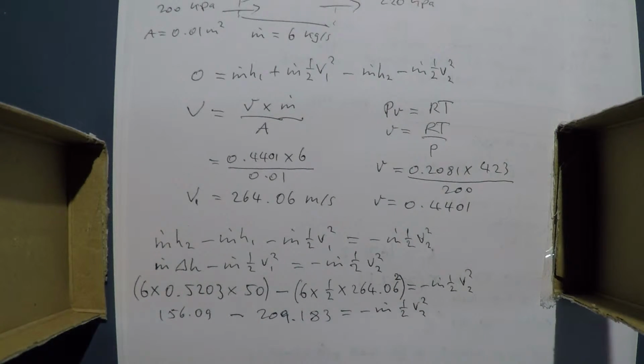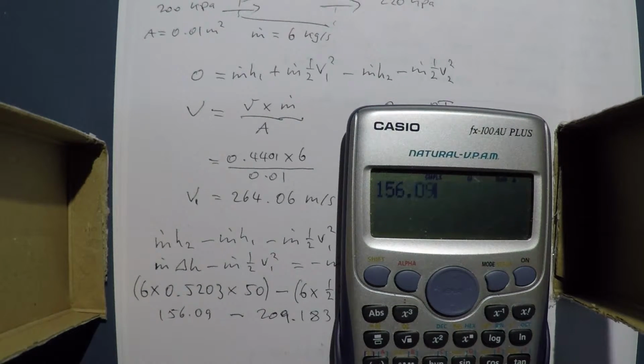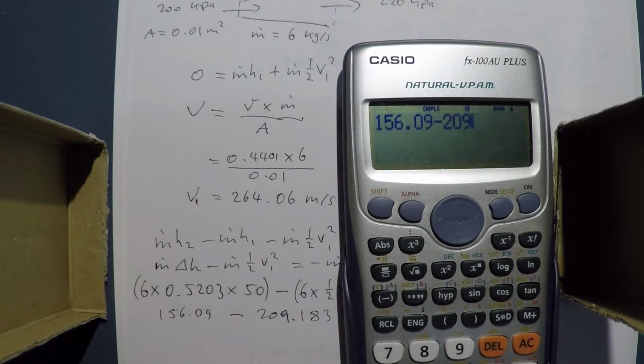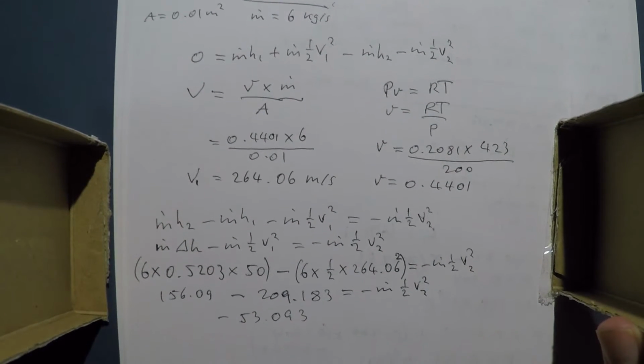Now get the calculator out again. We're nearly finished. 156.09 minus 209.183 is negative 53.093.